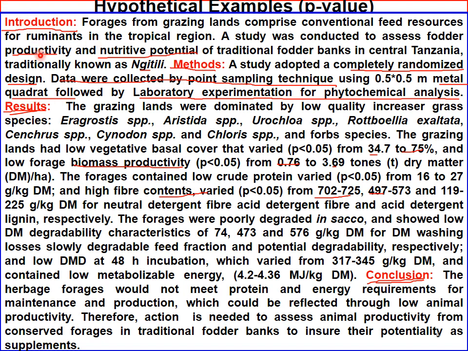This is what we now call the structured one, that there must be headings for each of the sections within your abstract. So under introduction, as I said, this is the section that will give the information as to why you carried out that particular study, what was the reason behind it, what were the ideas, what was the motive, what were the objectives. All that information should appear under this introduction.